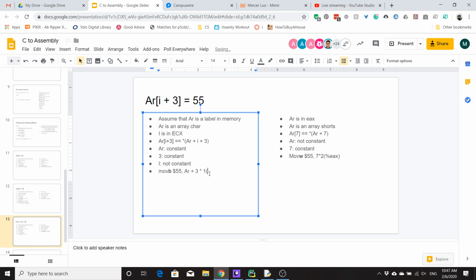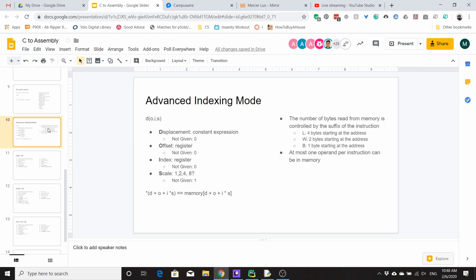So now over here, what should we put in our parentheses? Do we want to use the offset field? Or do we want to use the index field? Again, this is the expression that we're working to get.